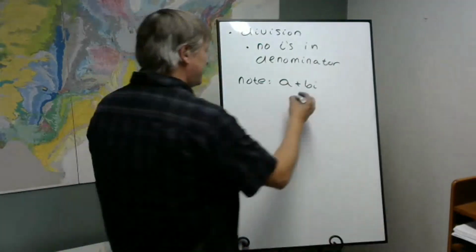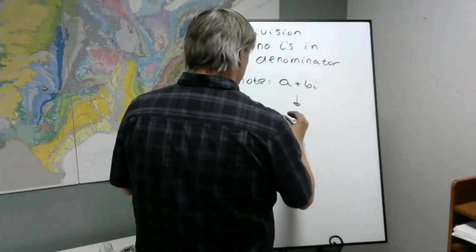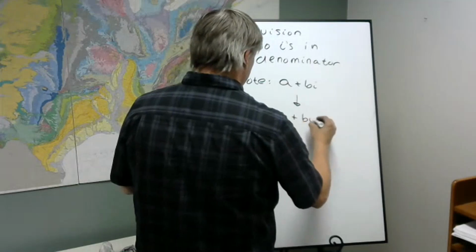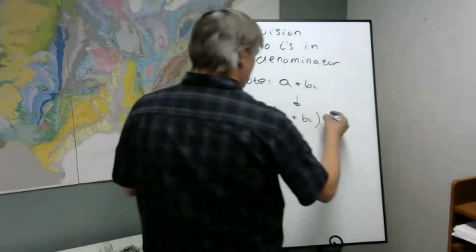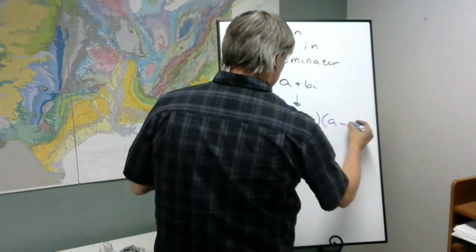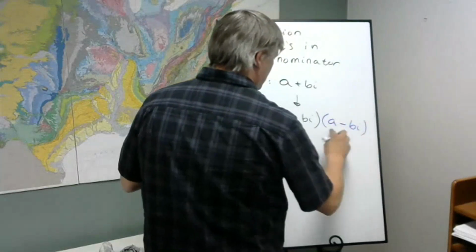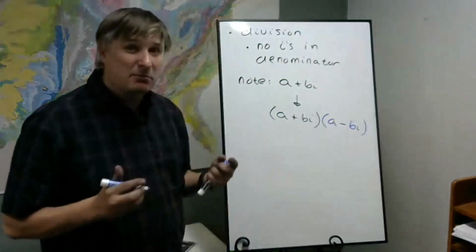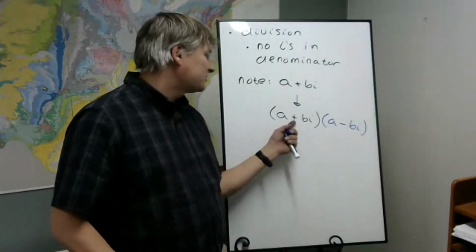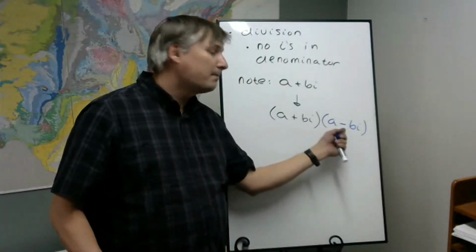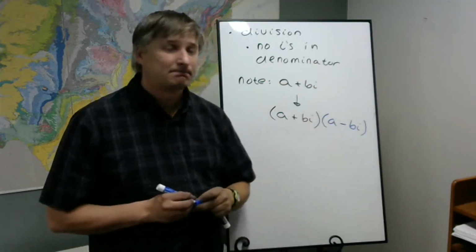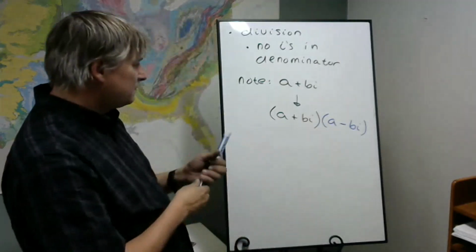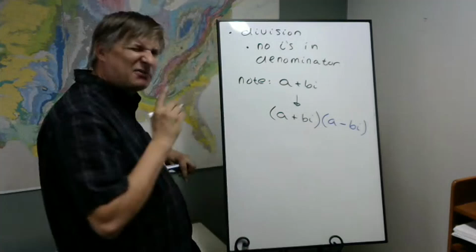We have a plus bi. We're going to multiply by the same thing, but change the sign. If it's plus, this will become minus. If this was minus, it'll become plus. So again, we FOIL. Now, how does this work?